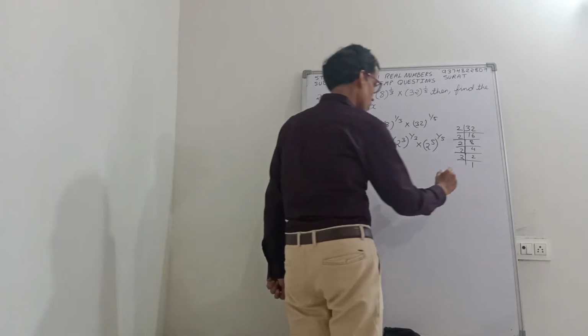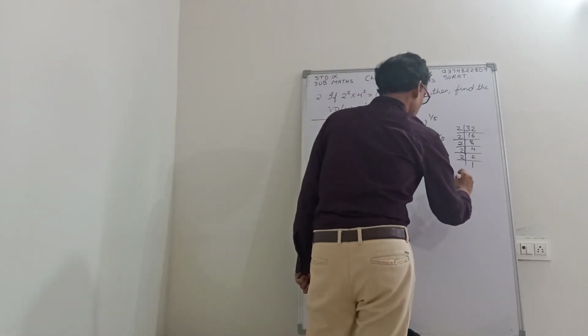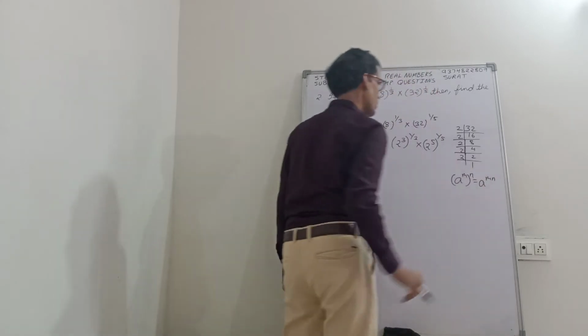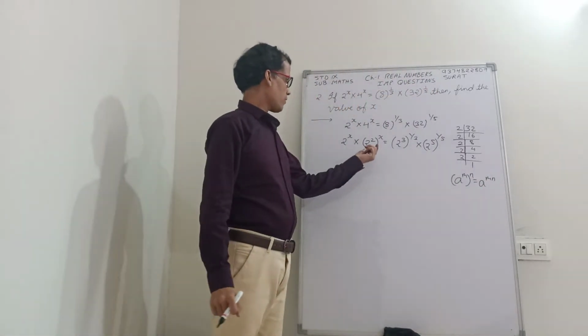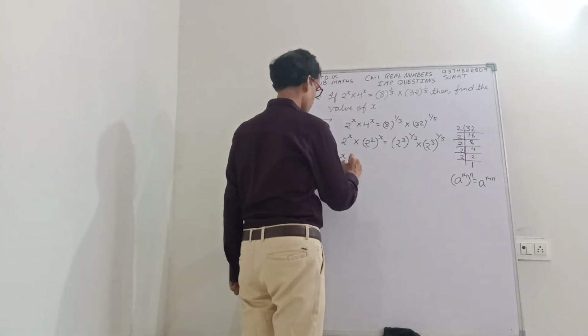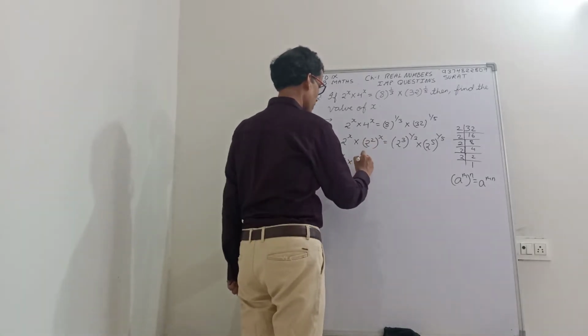Now also as you know, (a power m) power n is equal to a power mn. So we can use this identity. So this becomes 2 power 2x.